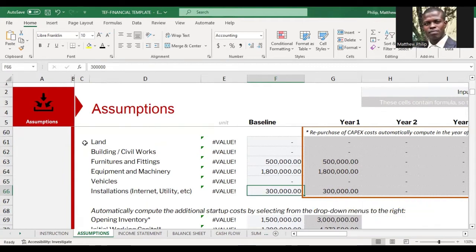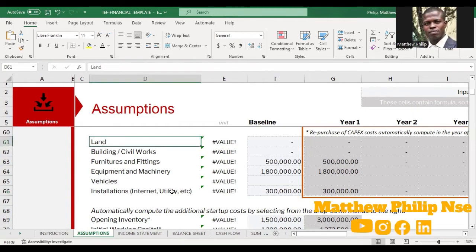Now, take a look at this. What you should do is this. These are capital expenditure, okay? If there is any capital expenditure that you are going to incur, but it is not listed on this sheet, you can come to any one that is not relevant to your business and change it. For example, this entrepreneur is not buying land. What if the person needs a website?